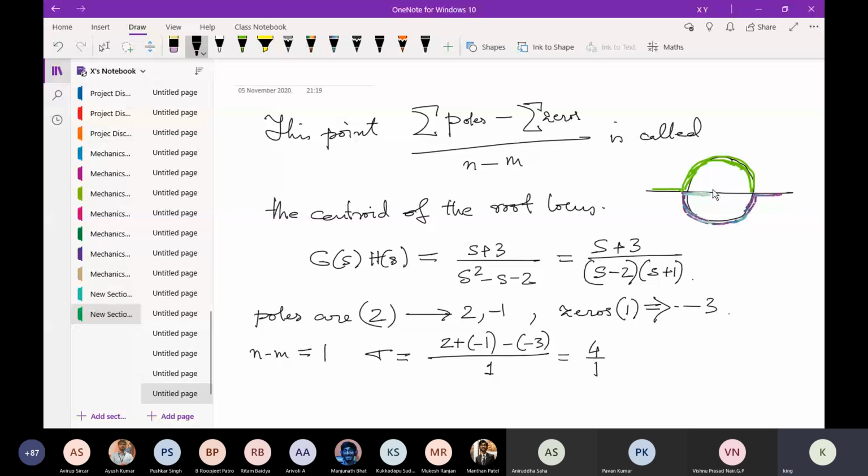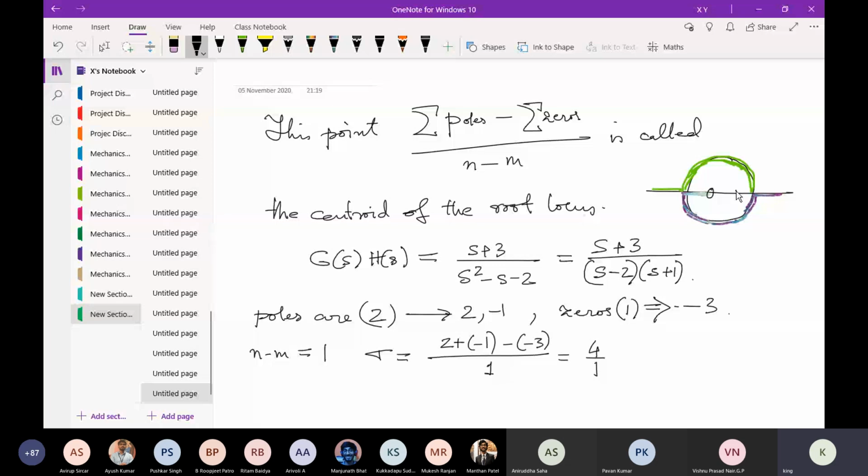So this is one of the zeros. You will have a pole out here, another pole out here, and this is actually going to come in the green part.